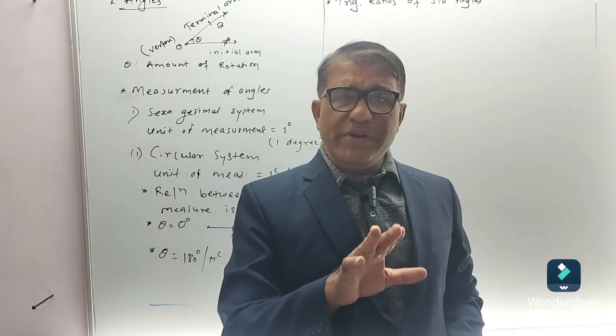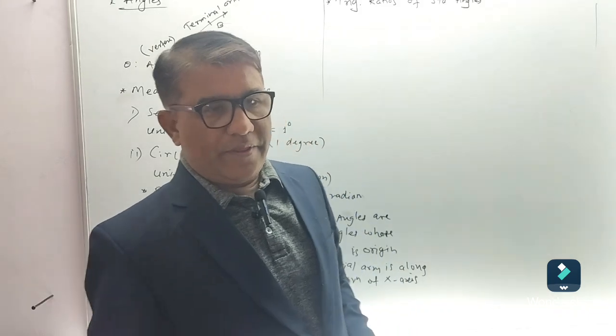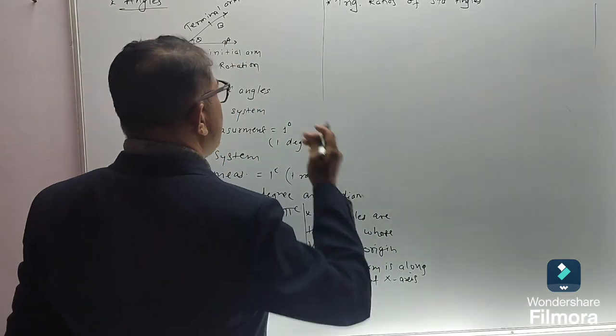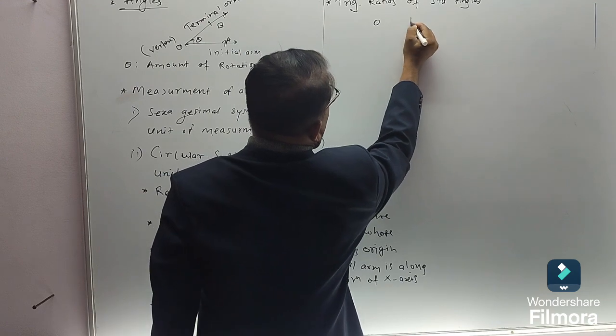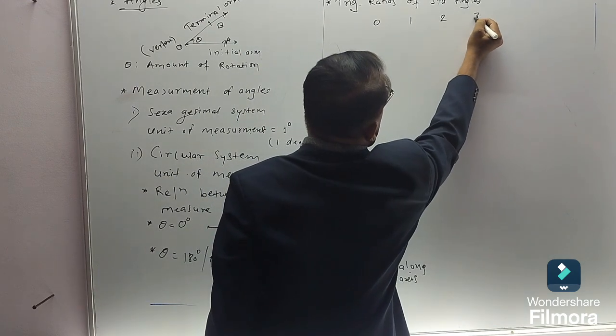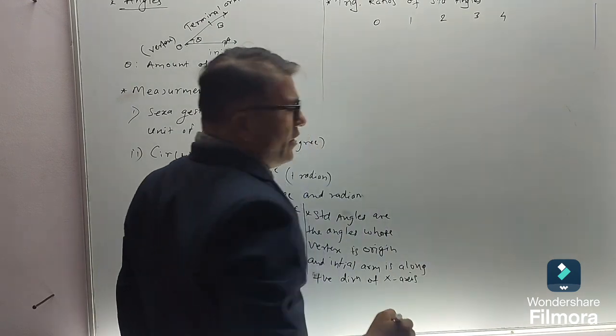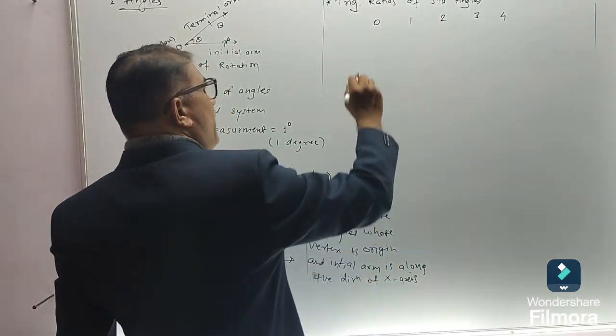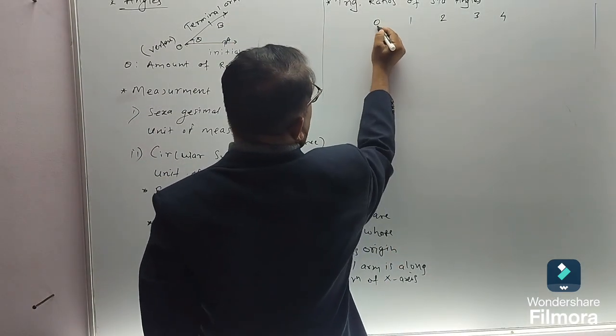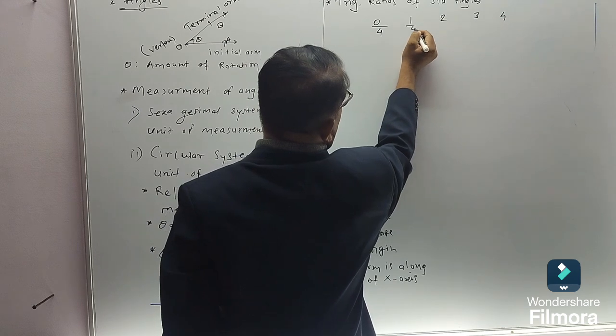Now I am giving a technique to remember it. For the technique, I am writing here the numbers 0, 1, 2, 3, 4. And divide all these numbers by 4.